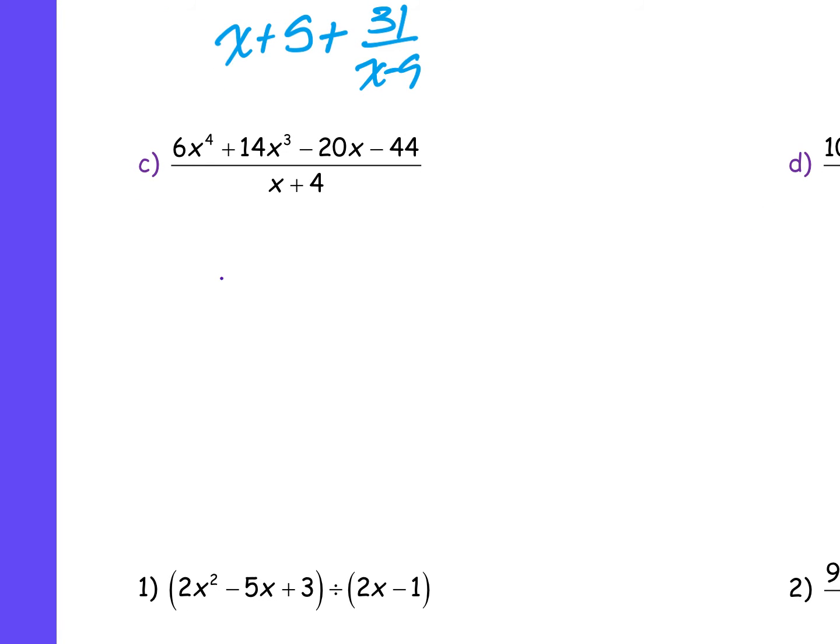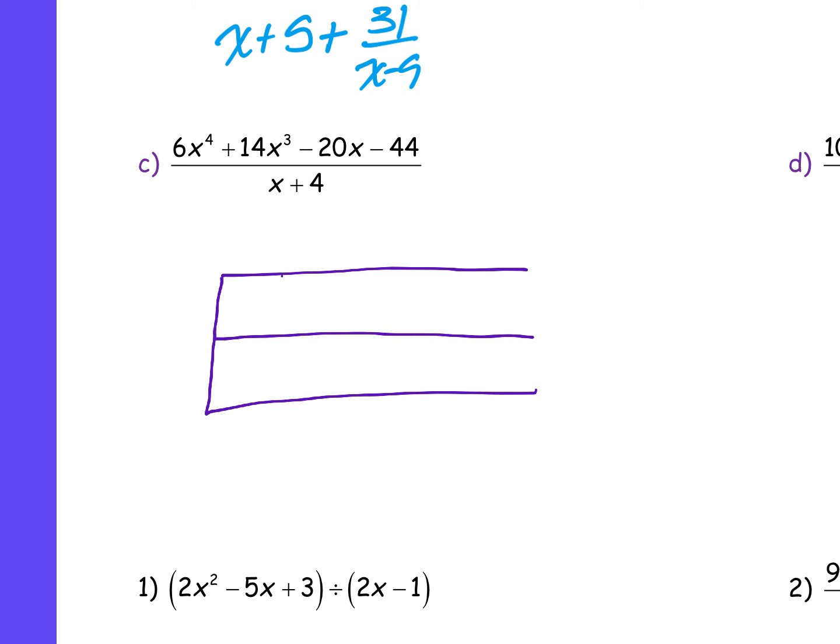Okay, this is the one that everyone kind of has a question on, whether it's long division or the box method. It didn't really matter. So I've got x plus 4. 6x to the 4th. So I multiply by 6x cubed, and I get 24x cubed.